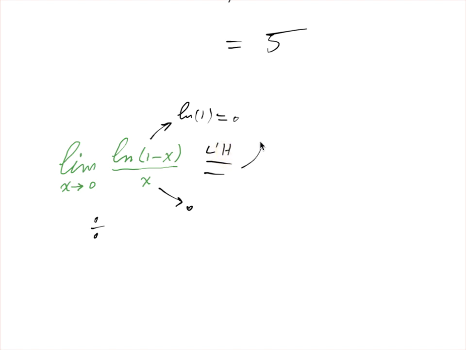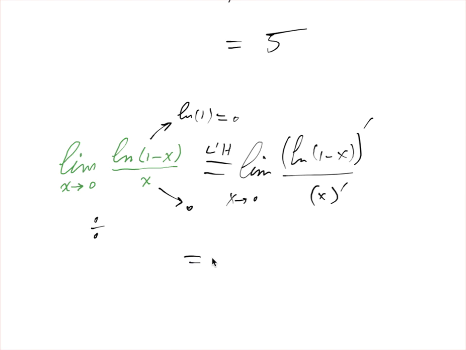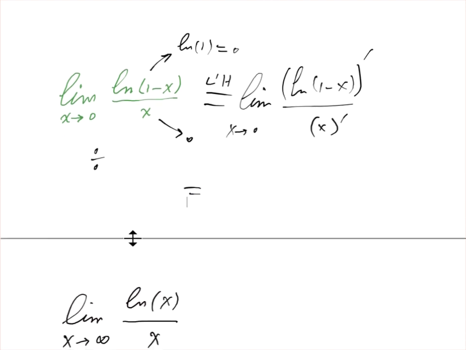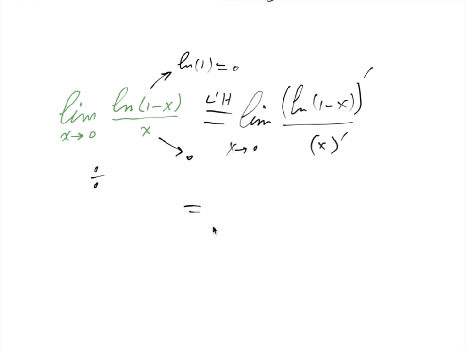by L'Hopital's rule, this is equal to the limit as x tends to 0 of the derivative of the numerator divided by the derivative of the denominator. And that is equal to the limit as x tends to 0 of the derivative of natural log, which is 1 over 1 minus x, but by chain rule we multiply by minus 1.